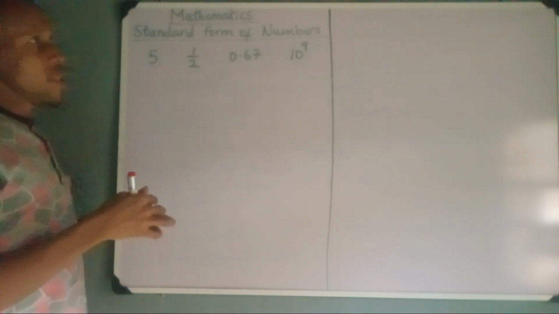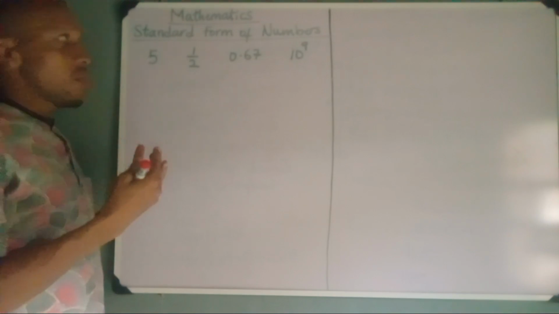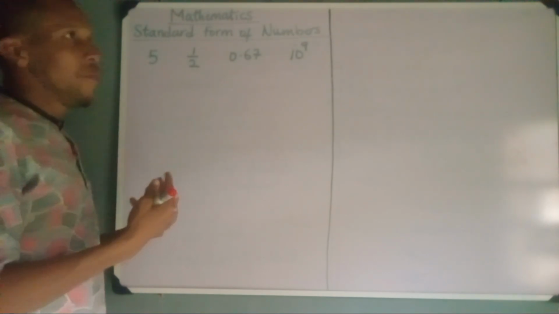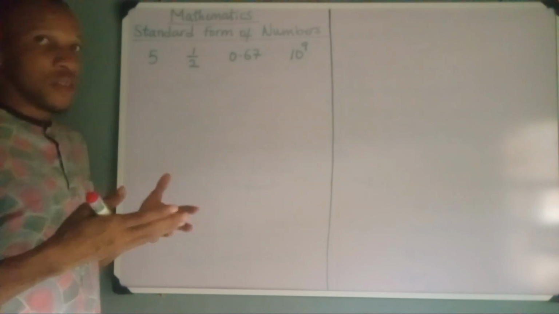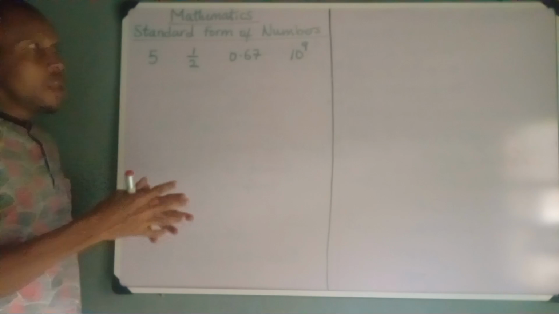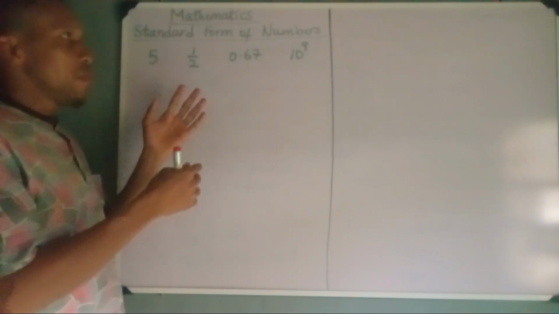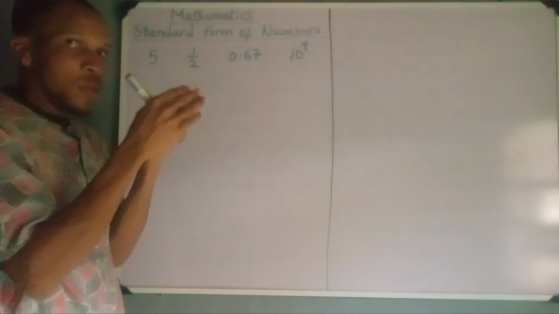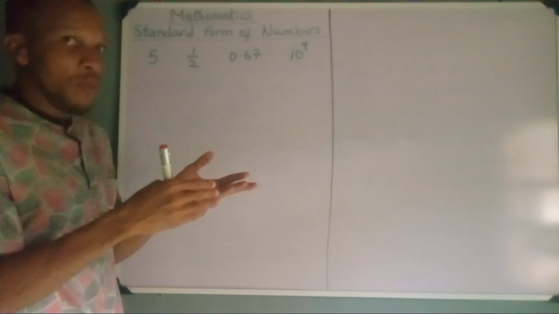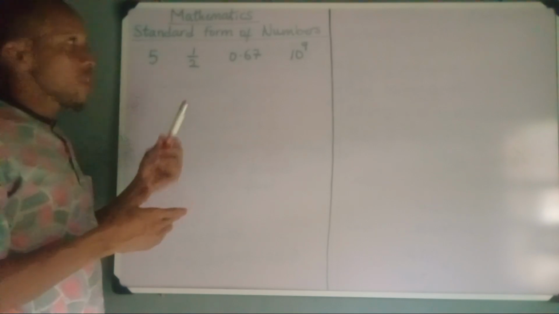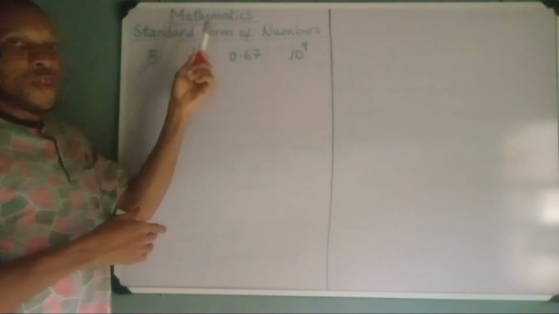But we use numbers not only in maths, we use them in physics and other applications of mathematics and real life activities. So maybe in calculations, it will be very, very important to have a unified way to write numbers so that it will be very easy to compare two numbers. Good. So that way is what we refer to as a standard form of numbers.